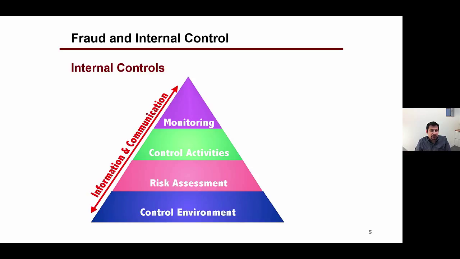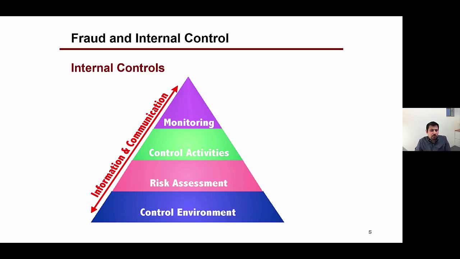Control activities are the actual procedures and activities that the company puts in place in order to mitigate the risk. Basically the risk assessment would affect the level of control activities. For example, high risk areas usually have additional controls to try and mitigate any risks.